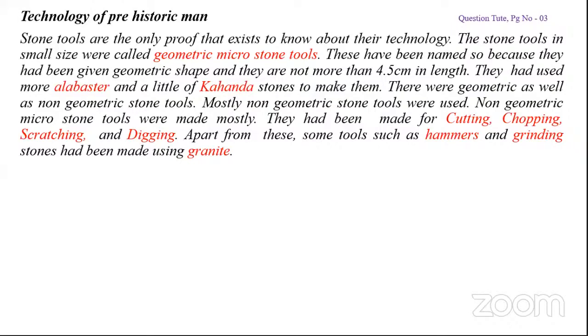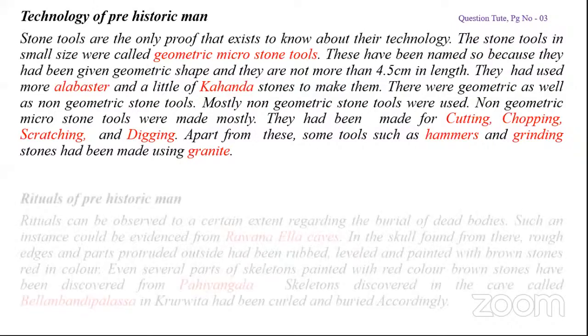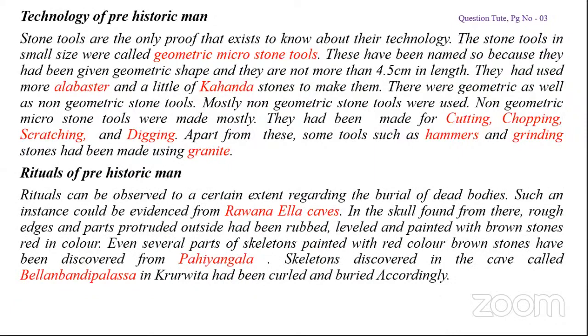So then, rituals of prehistoric man. Rituals can be observed to a certain extent regarding the burials of dead bodies. Such an instance could be evident from Ravana cave, some place that I have reached for the first time.